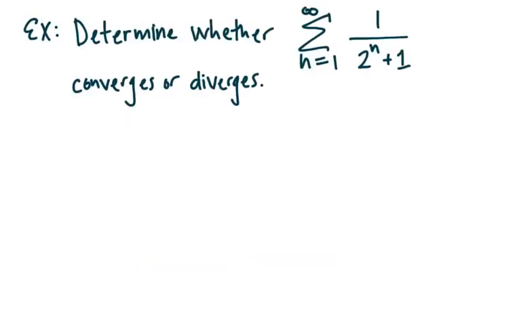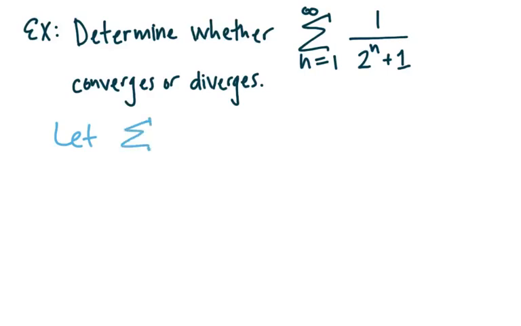So we have one example here that asks us to determine whether the series of 1 over 2 to the n plus 1 in the denominator converges or diverges. And we're just going to work our way through the comparison test to figure it out. So let's go ahead and start by defining the series we're being asked about as A sub n.